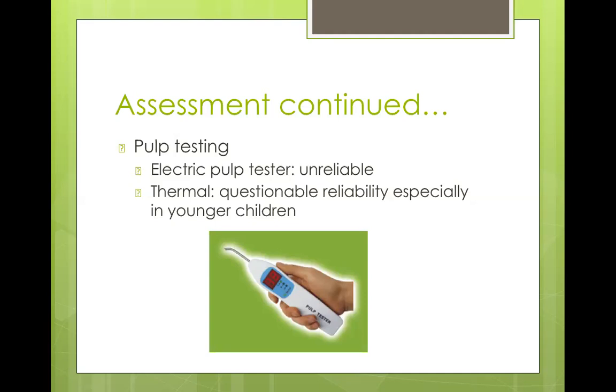So, pulp testing. It's controversial, especially in children, where your EPT in young teeth is very unreliable, and thermal testing is questionable as well because children are not very good historians.